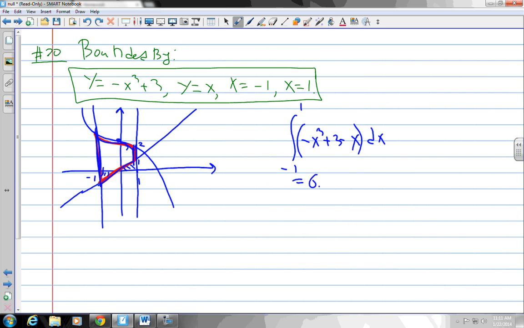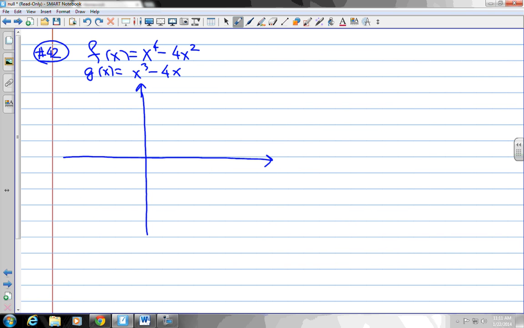But in this case, one function stays above the other, then they switch, and then they switch again. Now we're not trying to integrate, we're trying to literally find the area, so we have to be really careful. I will really have to sketch and see. You can do some interval testing and find the points of intersection, but you're better off sketching. When it gets complex like that, you can pull out your graphing calculator and really see what happens.